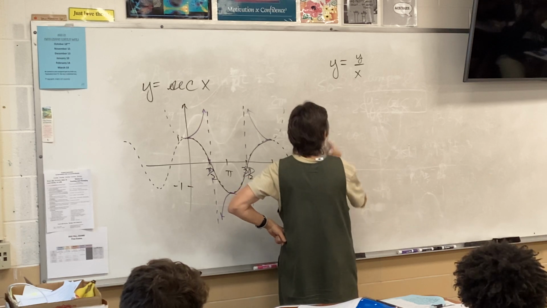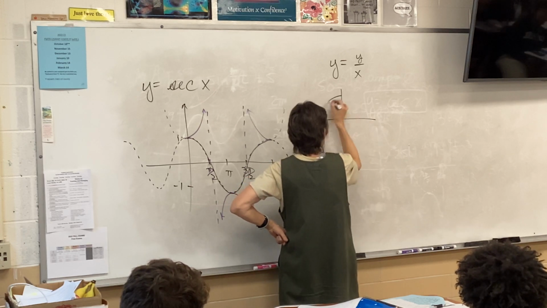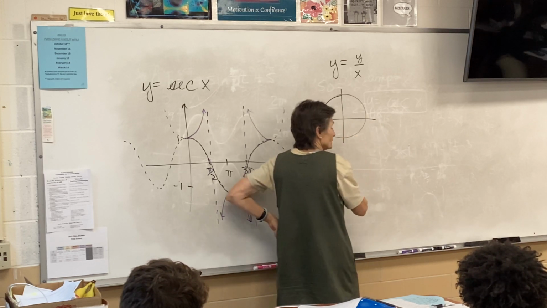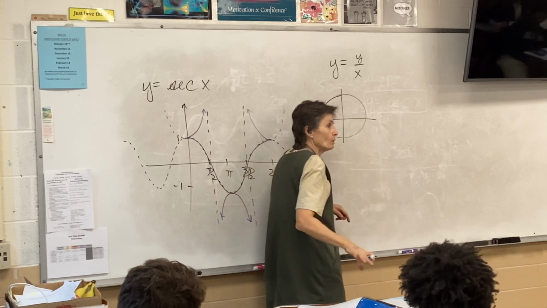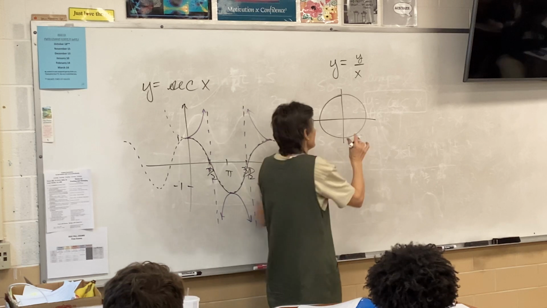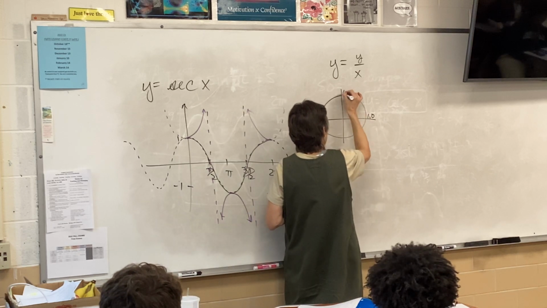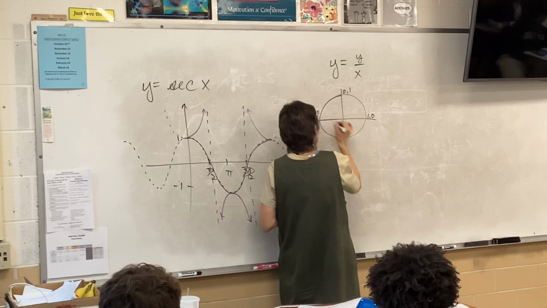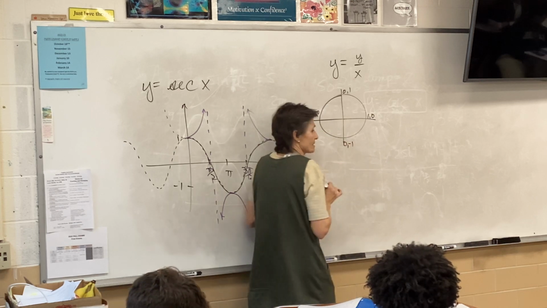Then I want you to draw your handy dandy unit circle. And I know in the notes, I copied out of the book, all those values. Just look at the quadrantal ones, so just the ones that are on the axis.